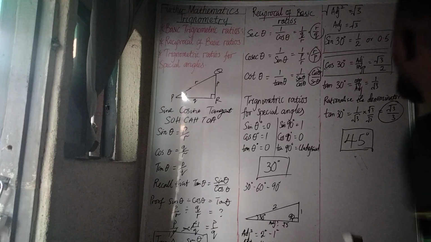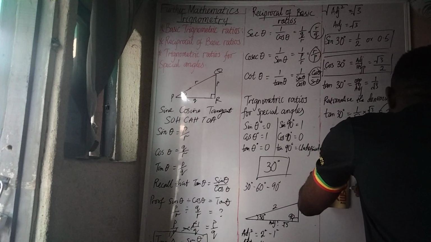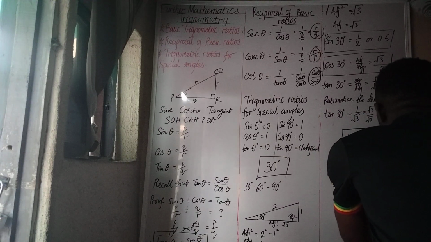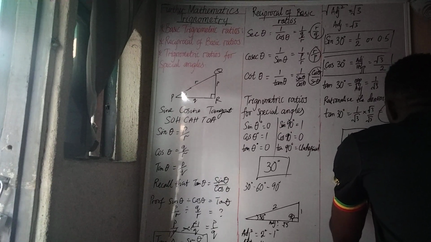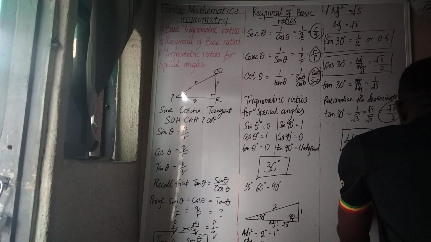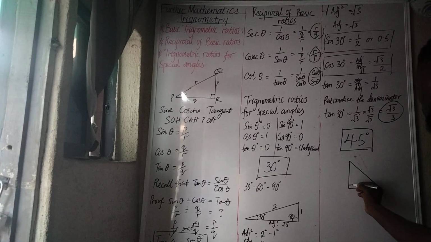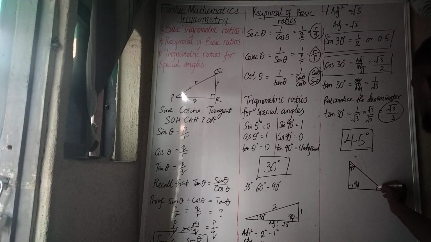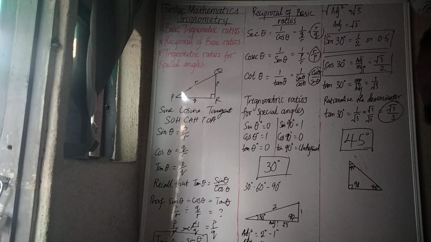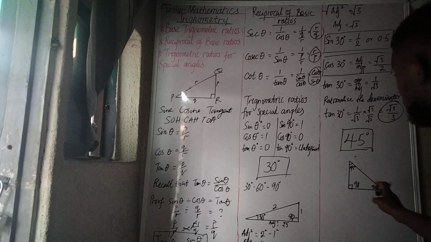So we are going to have special angle 45 degrees, where the sides are equal. Alright, so this is 90 degrees. These two angles are 45 degrees each. Remember we're looking for the cos 45 degrees, sin 45 degrees, and tan 45 degrees.